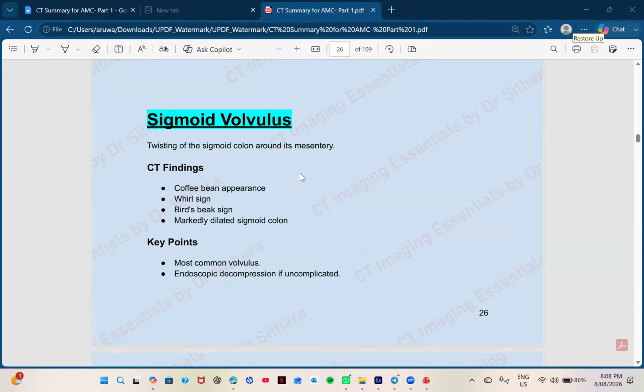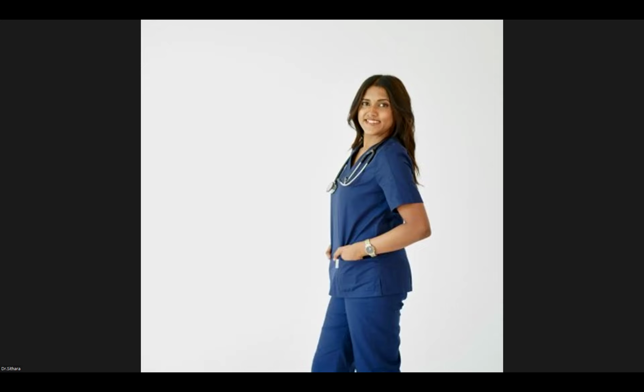Elderly, what else? Okay, patients with chronic constipation, right? Then which residential home patients, right? Residential home patients. Wait one minute, I'll open that file as well.